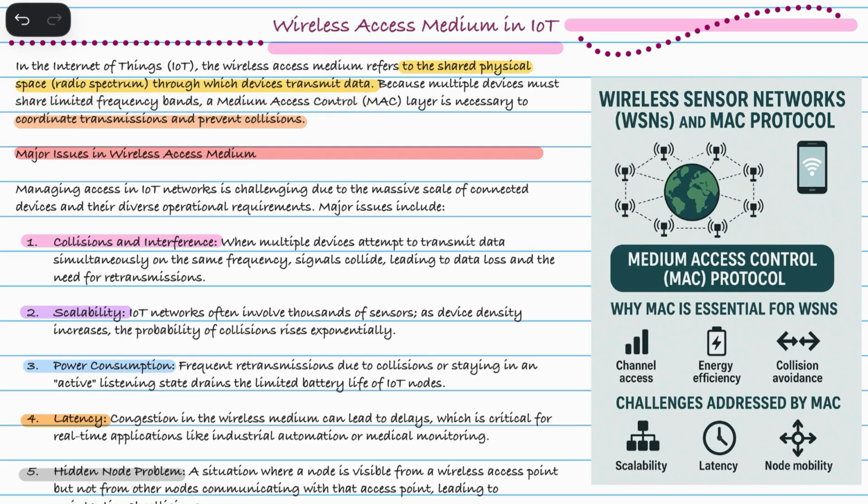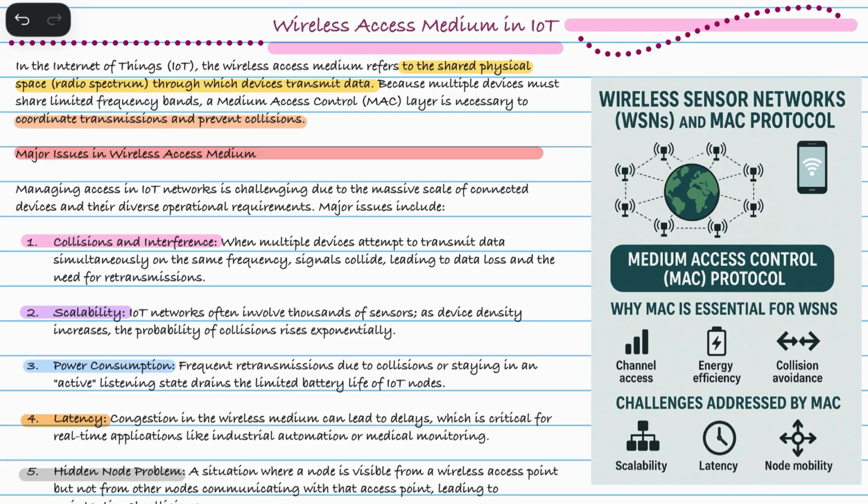Because multiple devices must share a limited frequency band, a medium access control layer is necessary to coordinate the transmission and prevent collision. So if two devices in the same area try to transmit the data on the exact same frequency at the exact same millisecond, their radio waves physically clash. This is called collision.